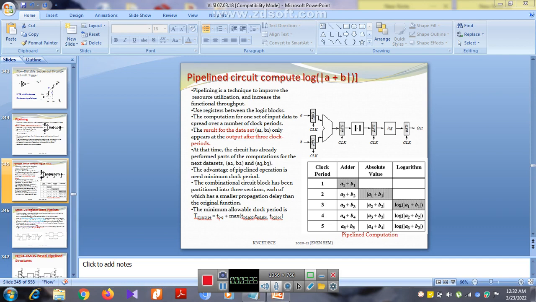Finally, the register overhead is small with respect to the logic delays. The performance of the data path is high.